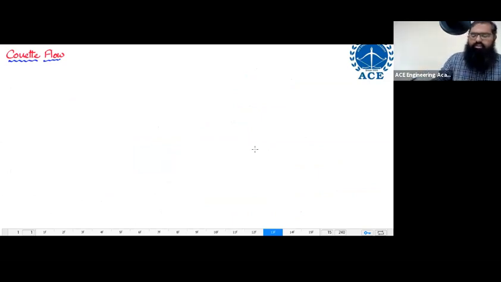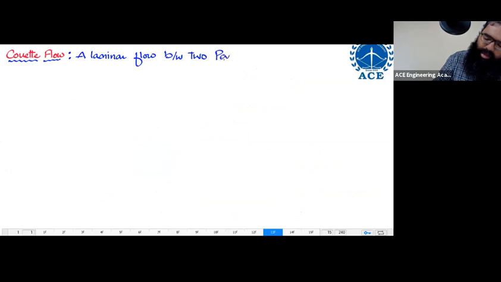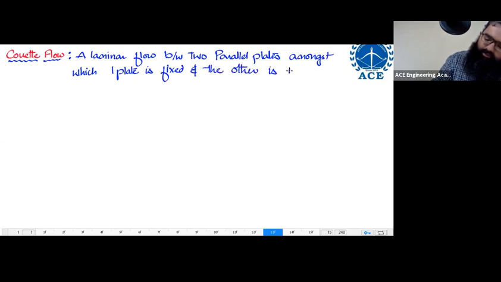Let us see what Couette flow is. Couette flow is a laminar flow between two parallel plates, amongst which one plate is fixed and the other is moving.